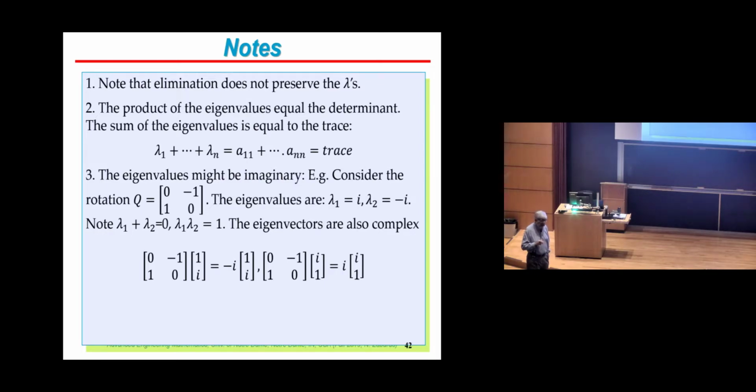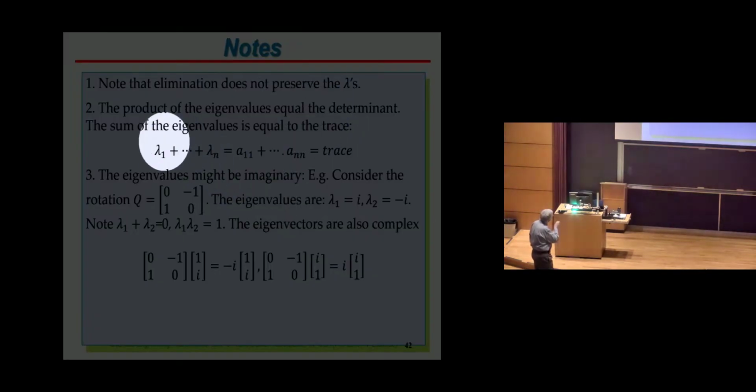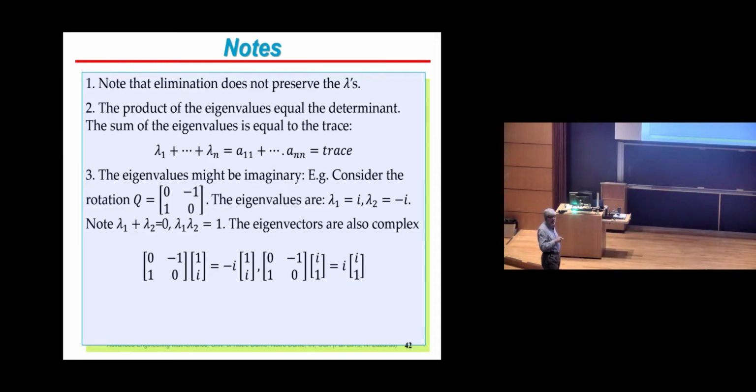And again, you see this amazing thing, right? The determinant is related to pivots, and the pivots are related to elimination. And now the eigenvalues that come out of nowhere are related to the determinant. So all of these things are interconnected. It's not an accident. And then if you take the sum of the eigenvalues, this comes to be equal to the trace of the matrix.